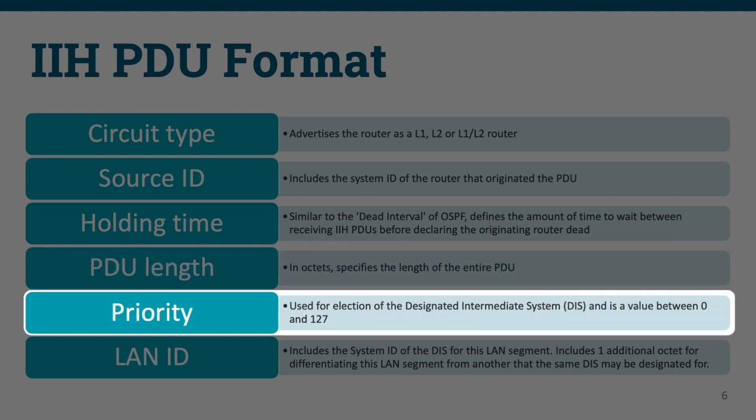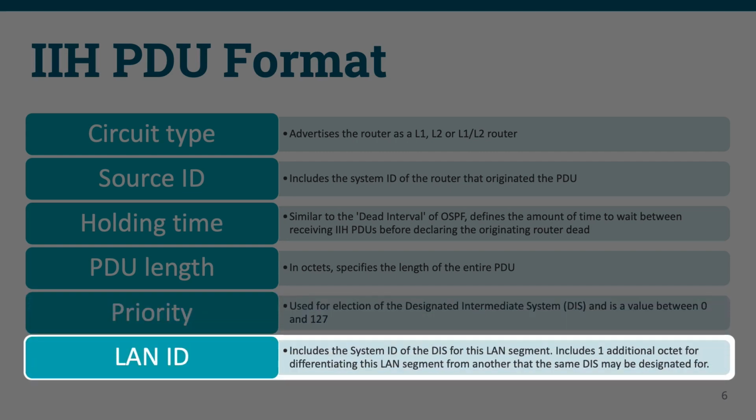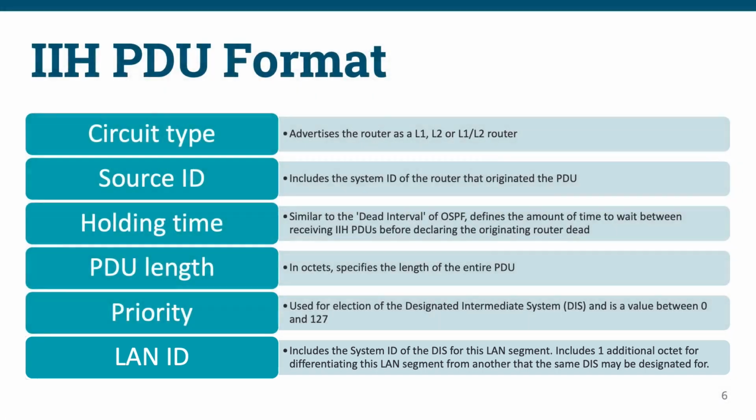The priority is used for the election of a DIS and can be a value between 0 and 127. Finally, the LAN ID includes the system ID for the DIS of the broadcast segment. There's another octet to differentiate this LAN ID from another that the DIS may also be designated for.